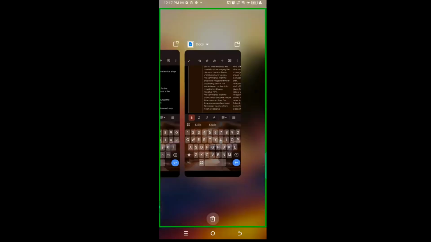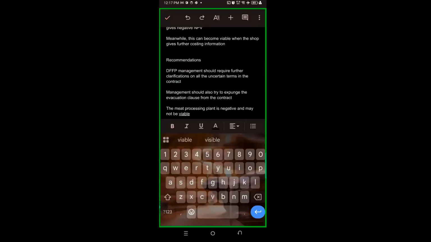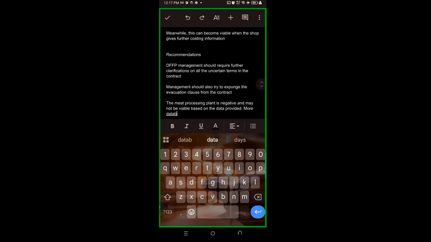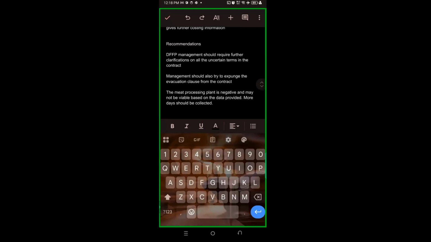More data should be collected. They should collect more data to know.